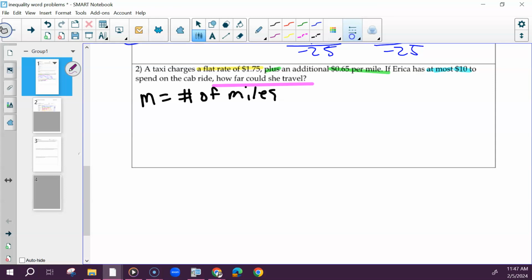It actually says the word plus, so we're going to be adding. The at most, which inequality symbol would be less than or equal to? So I know that at the end this is going to be less than or equal to 10. How would I set up the rest of that? 1.75 plus 0.65 m.